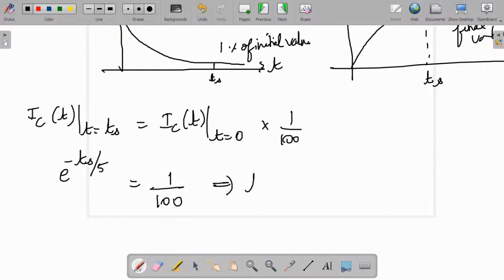If you solve, you will get Ts as 23.025 seconds. So approximately 23 seconds. This should be your answer. Even if you use VC of t and substitute 99% of final value, you should get the same answer. Try it and tell me if you are getting the same answer or not. That is up to you.